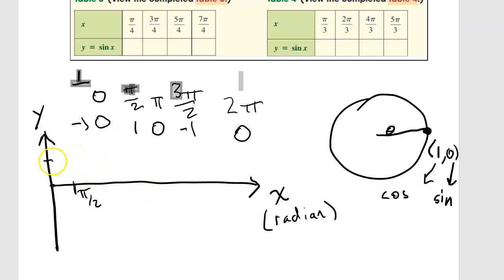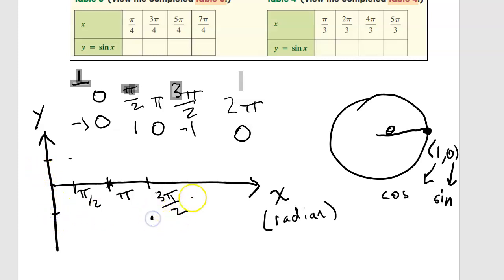So there we go. That's our point. And then at pi, we have another 0. At 3 pi over 2, we have a -1.